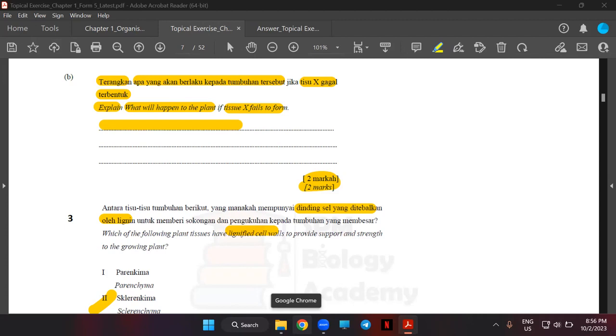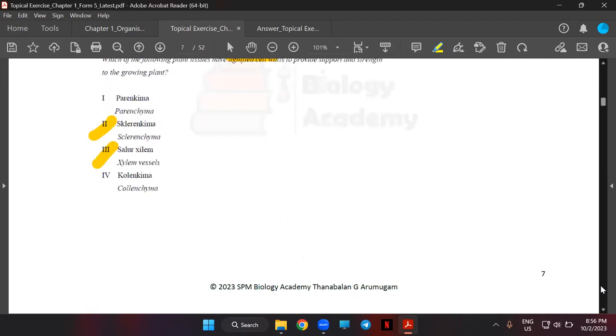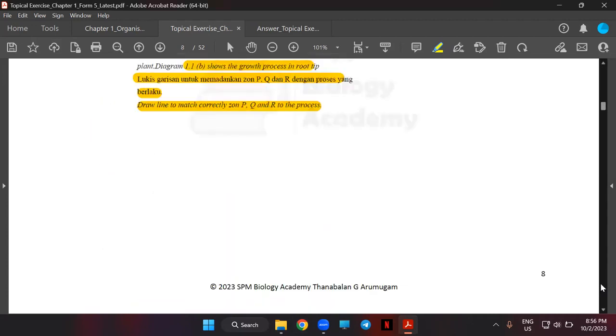Macam mana vascular cambium not be able to divide? Yes or no, Punirdan? You understand, Punirdan? Kalau tissue X fail to function, then you write that. Vascular cambium will not be able to divide. Di sini dia kata tissue X fail to form. So kita kata no secondary growth. Okay, Punirdan? Clear? Right? Okay, balik ke sini.